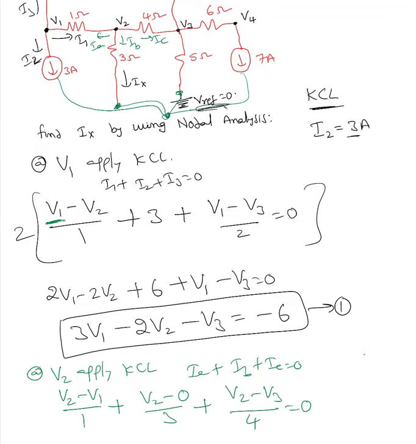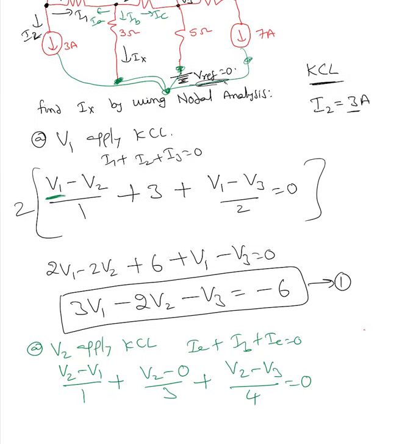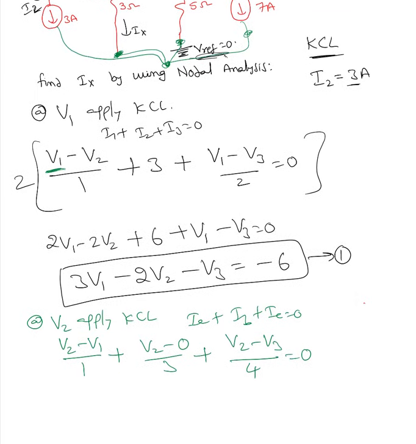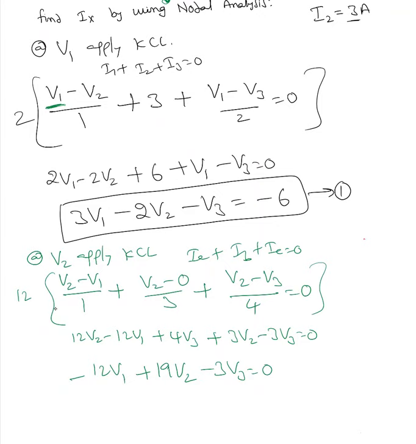That's the reason the voltage at this point, this point, and this point is everything 0. Now simplify this. To simplify it, I multiply by 12, the common factor for 3 and 4. I end up with minus 12V1 plus 19V2 minus 3V3 equal to 0. This is my second equation.